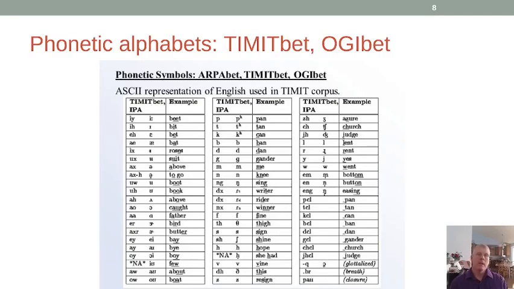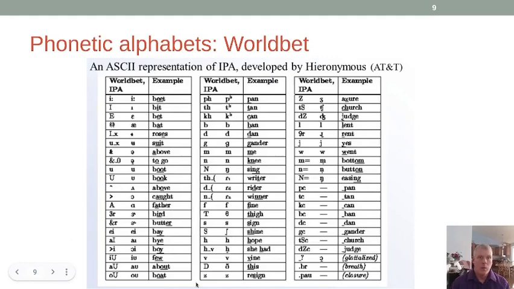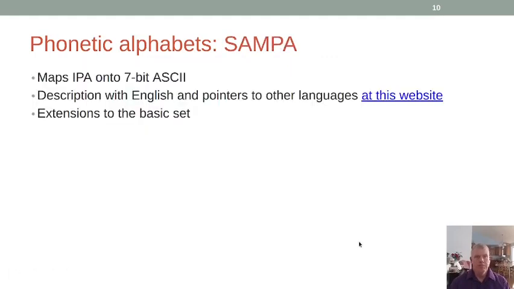Okay, another phonetic alphabet is the TIMITbet and the OGIbet. Here are examples. You can see again that we have examples in English standard orthography and what the TIMITbet symbol is here. Another one, Worldbet, is kind of the same idea, where different conventions are used to represent the same sounds that we've seen with the others.